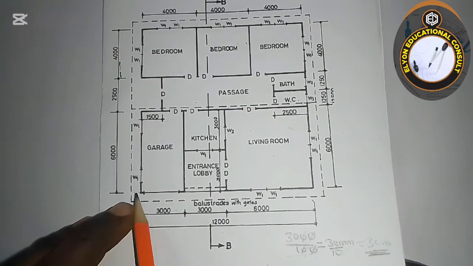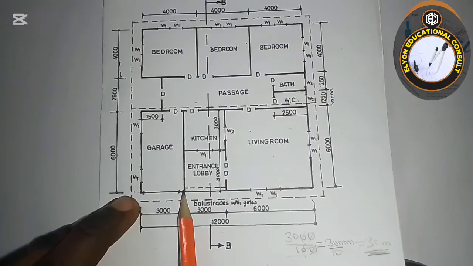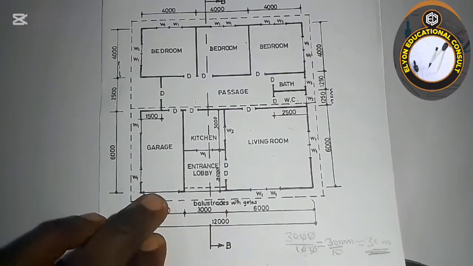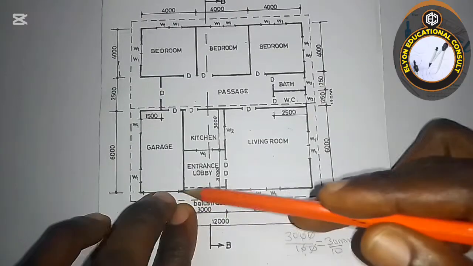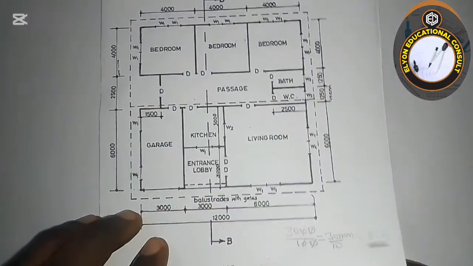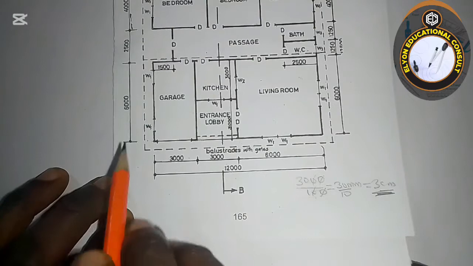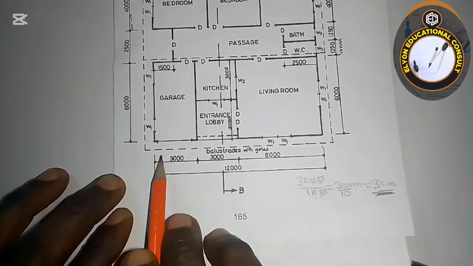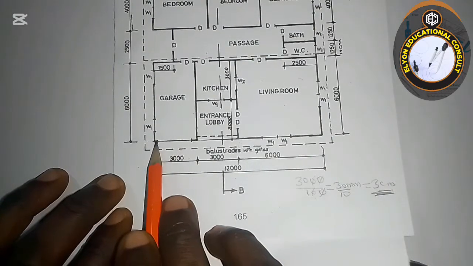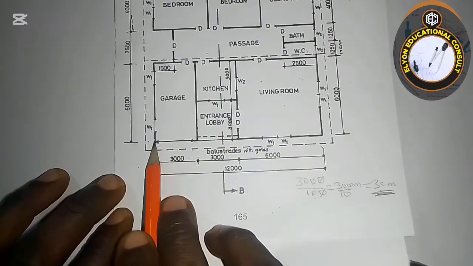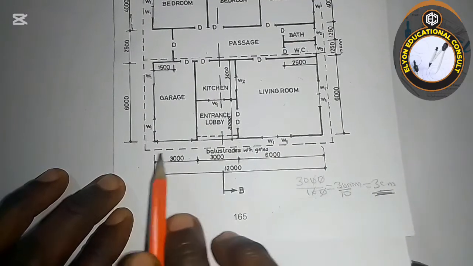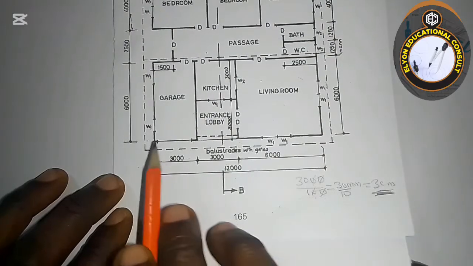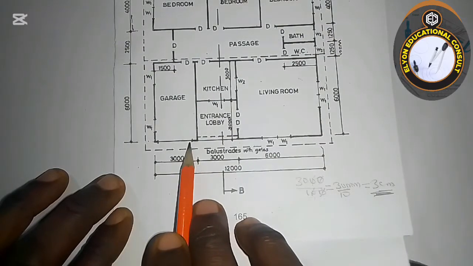Now it means that for each of these parts here, or apartments or divisions, there is a 150 thickness that is taken out of this 3000, both for this left side and the right side.